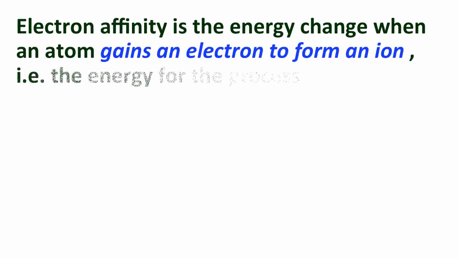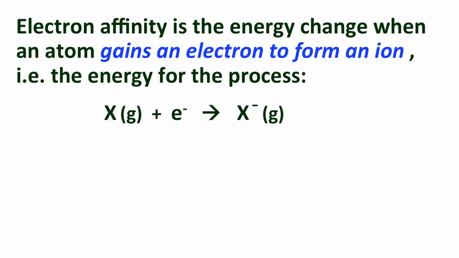And then the last periodic property we'll look at is something called electron affinity. It's the energy change for an atom when it gains an electron to form a negative ion. So it's the affinity of an atom for electrons, and it's the energy for the process of a gaseous atom gaining an electron to make a gaseous negative ion.